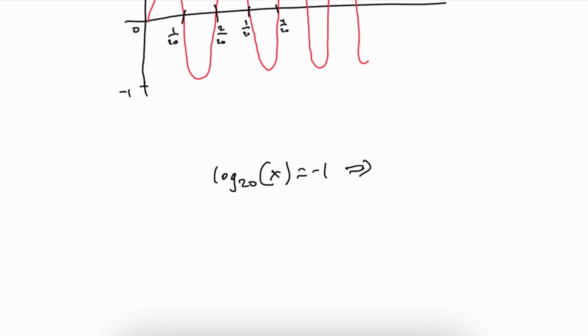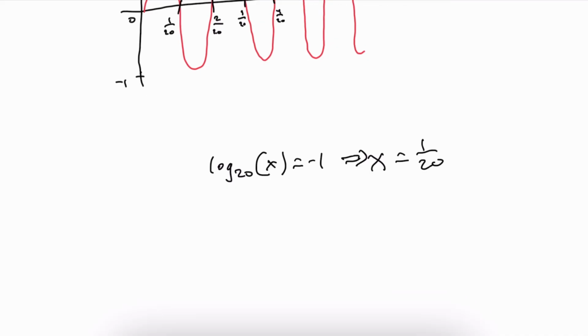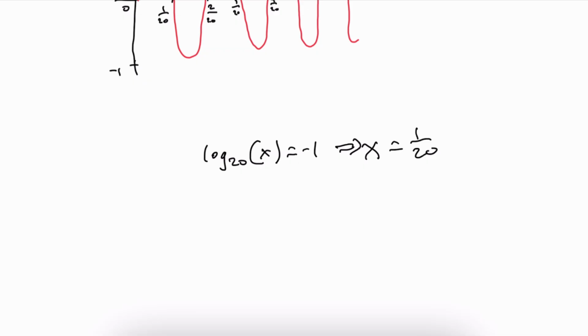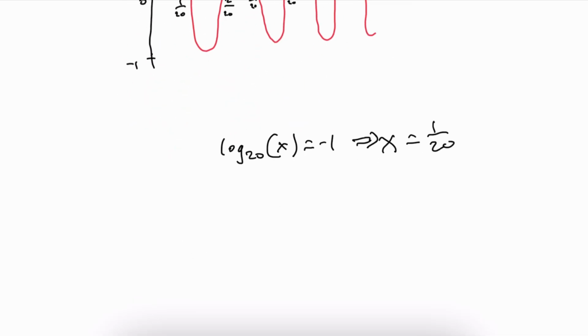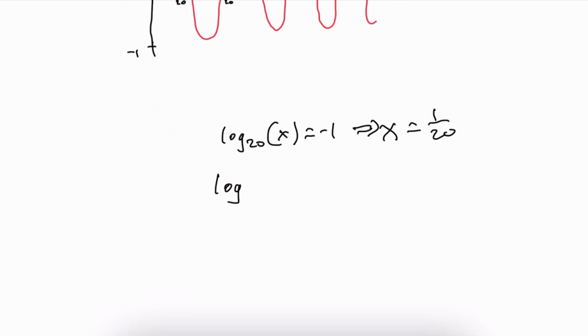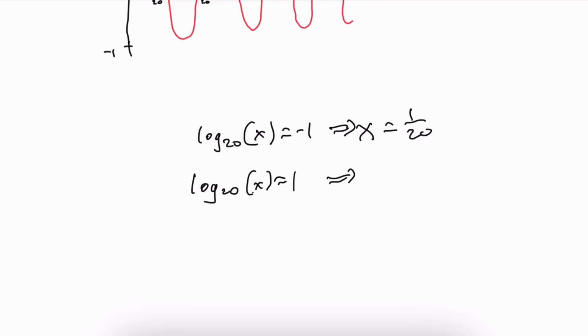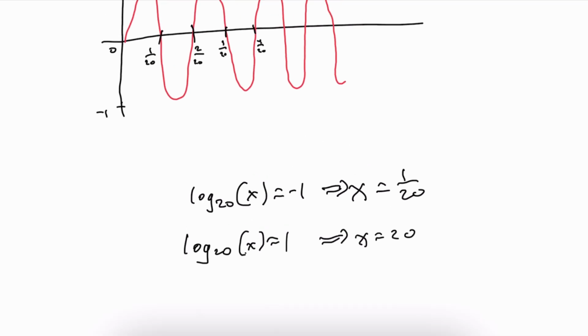So this implies x is equal to 1 over 20. And then when it leaves this region, we'll want log base 20 of x to be equal to 1. So x is equal to 20.